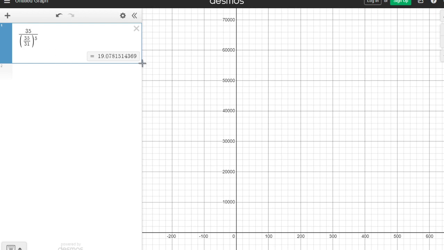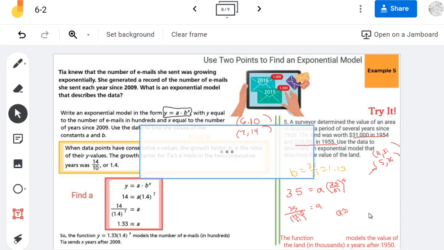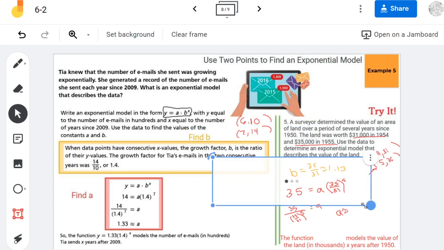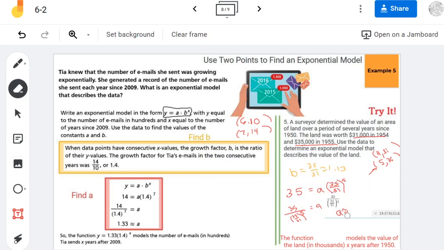Okay? And so I'm taking a screenshot of what Desmos is showing me. That way if people are looking at my notes later, they'll be like, what? Huh? So in this case, my A is approximately 19.